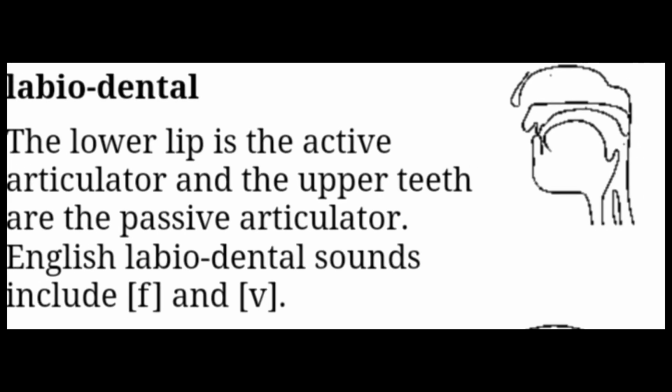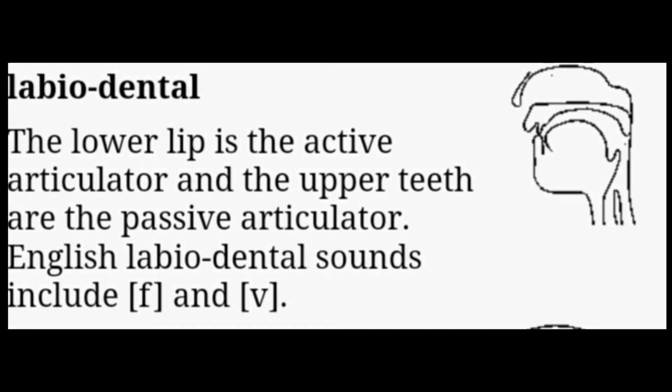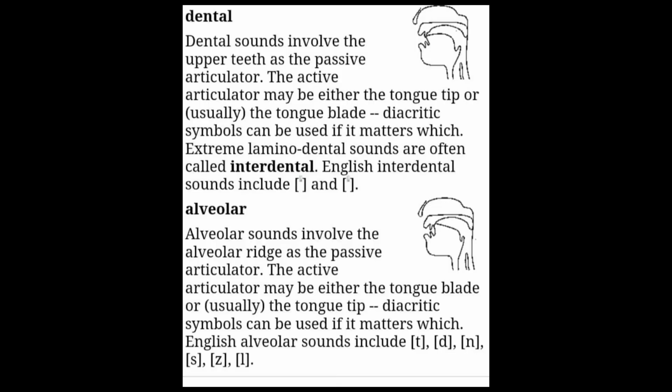2. Labiodental. The lower lip is the active articulator and the upper teeth are the passive articulator. English labiodental sounds include f and v. 3. Dental. Dental sounds involve the upper teeth as the passive articulator.